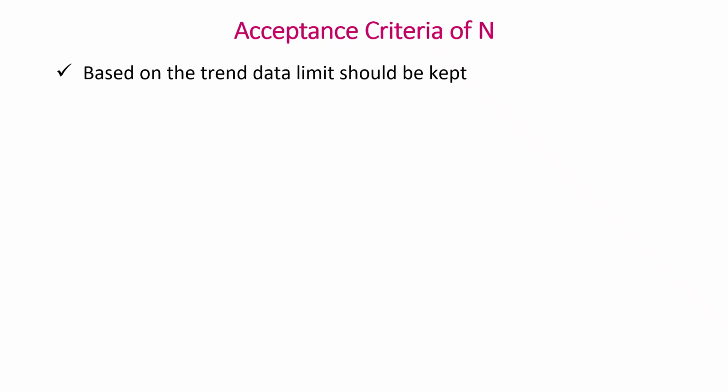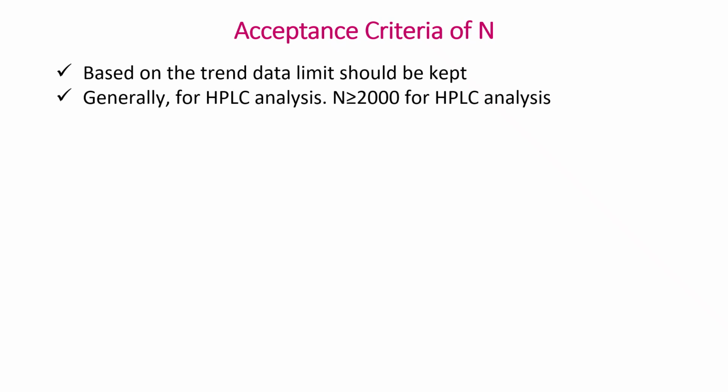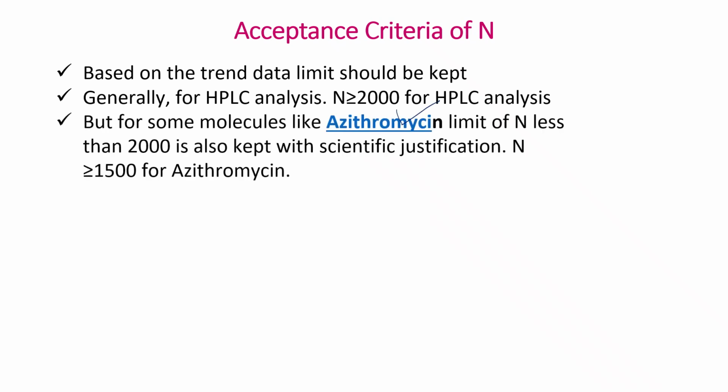Now the question comes, what is the acceptance criteria of the theoretical plate? Theoretical plate acceptance criteria should be kept based on the trend data and rational justification. Generally, for HPLC analysis, theoretical plate is kept more than 2000.